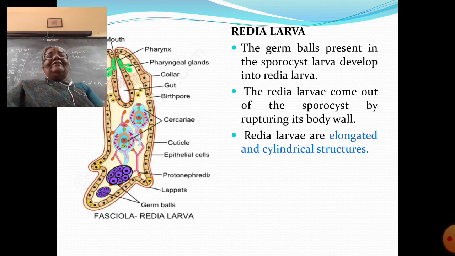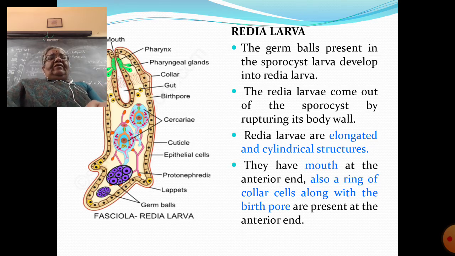They have a mouth at the anterior end, and you find a ring of collar cells along with the birth pore. All that is labeled in the diagram on the slide. So these are all the structures present in the anterior end. We'll continue with this.